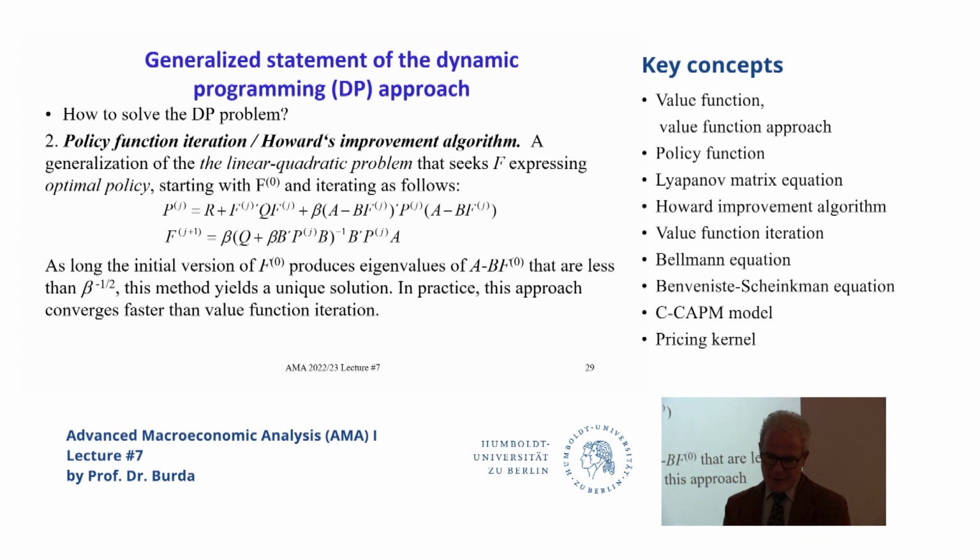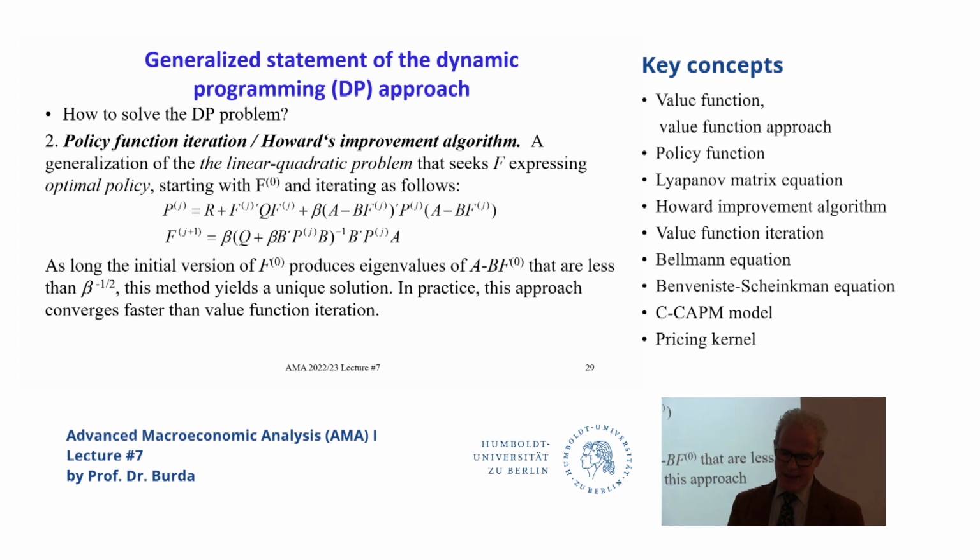Then you can do the Howard's improvement algorithm, which we talked about in the linear quadratic case. This is the more general sort of repetition of that problem in terms of j and j plus 1. So you start with an initial policy guess. That's why it's called policy function iteration. You start with a policy function.